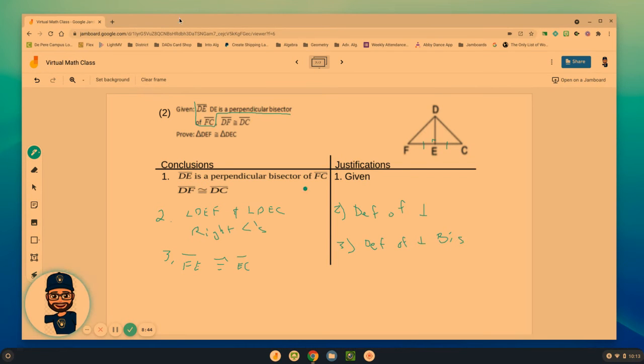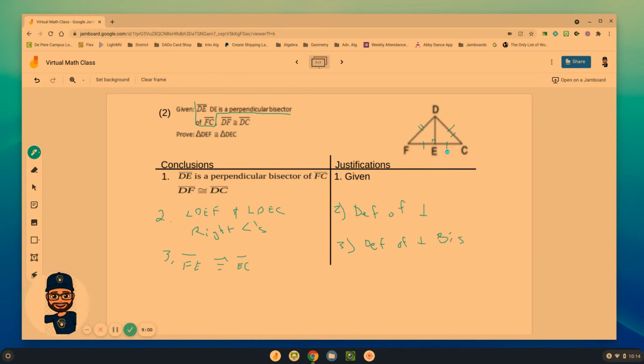Right? So we want to use the information that they're giving to us as part of the given within our justifications. Remember now, they also told us in the given that DF was congruent to DC.